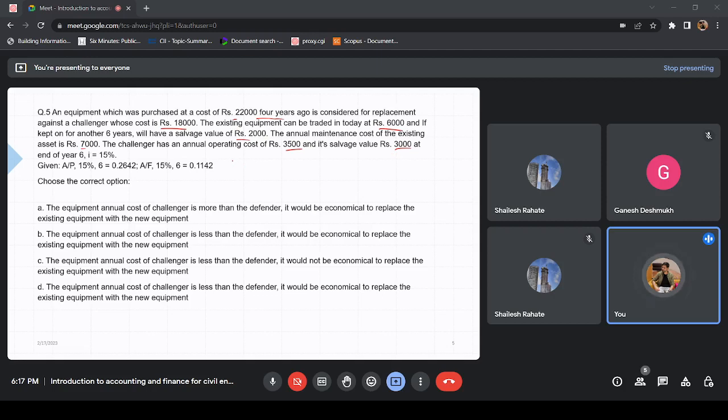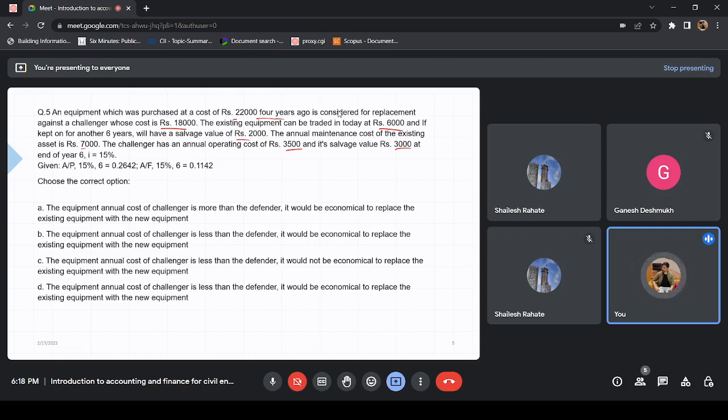Now you have to pick which is the right option. So how would you proceed? How can we proceed in this case? The question is in front of you. We have got a challenger, that is the equipment that is already there.